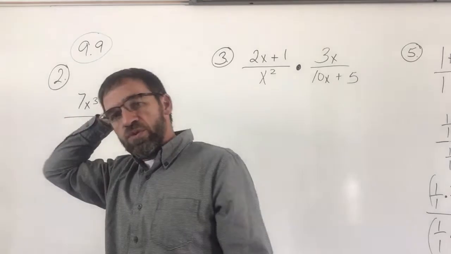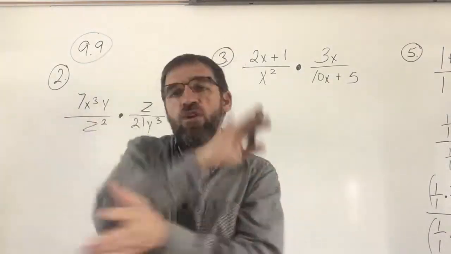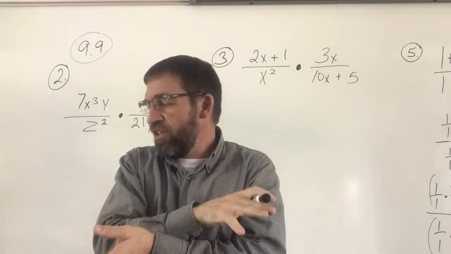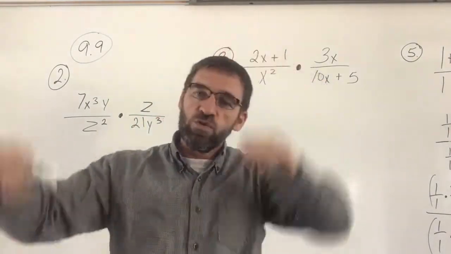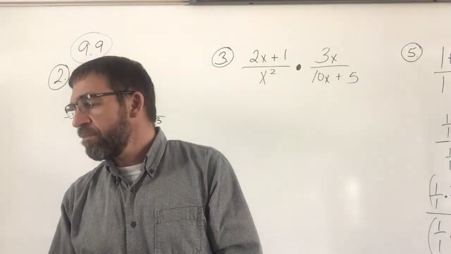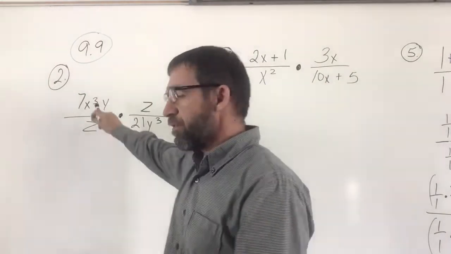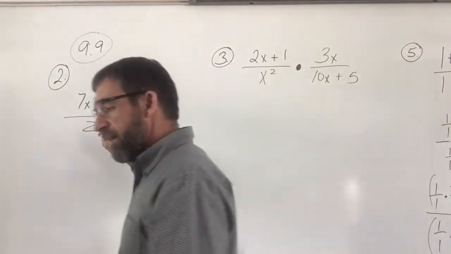The way you do this is you multiply them just like you do a fraction, and you flip them. Okay? It's a division problem. When you have a fraction on top and on the bottom, you know to flip them and multiply them. So, for number 2, I put it on the board here: 7x, 3y, and y squared.